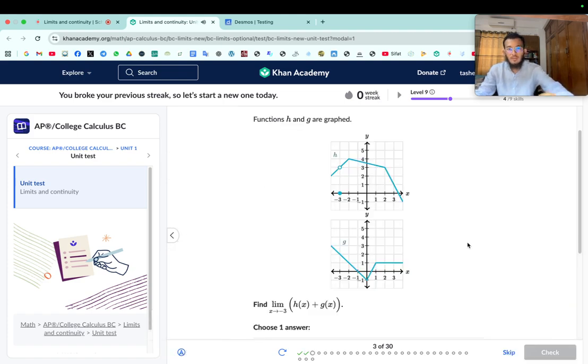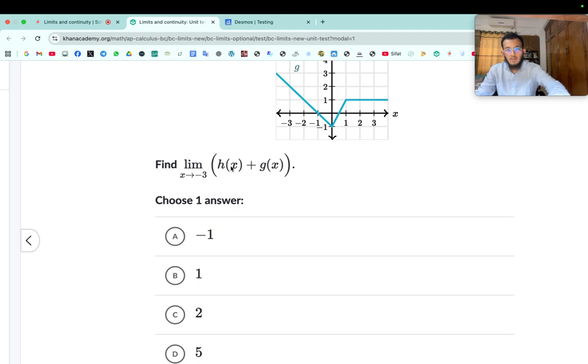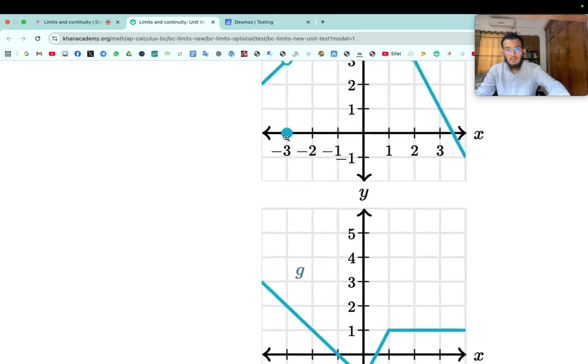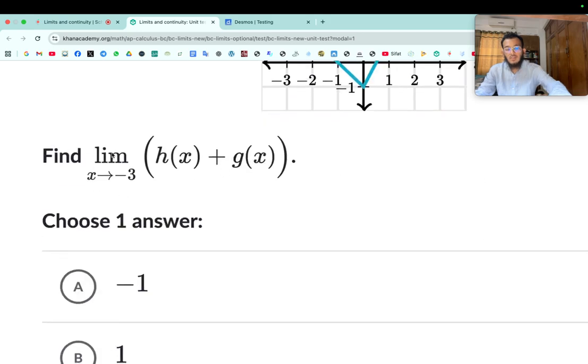Okay. So functions g and h are graphed. They're asking you to find the limit of g(x) plus h(x) as x tends to -3. For h, let's go to -3, and we find a value of -3, but we are asked to find the limit.